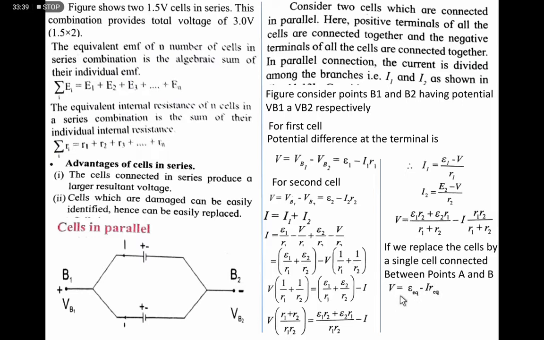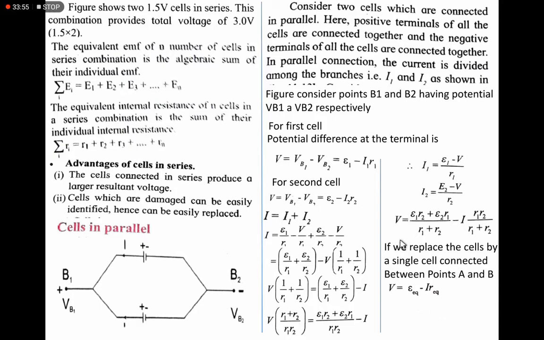So here the potential will be equivalent to these two, and the internal resistance or potential across the cell, the EMF of the cell will be this, and the potential of the cell will be this.